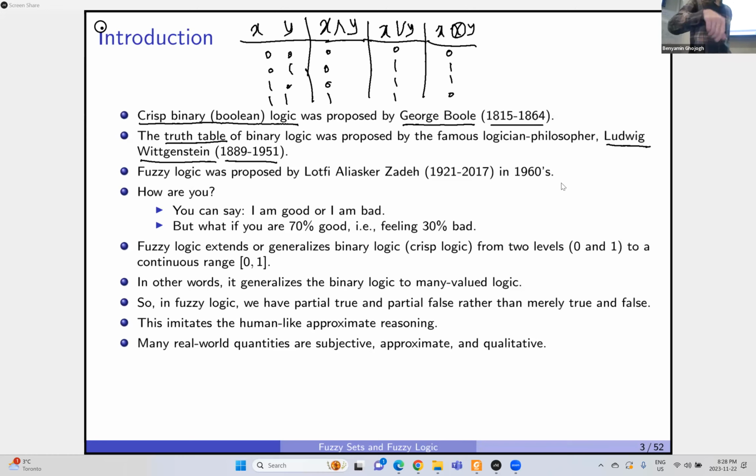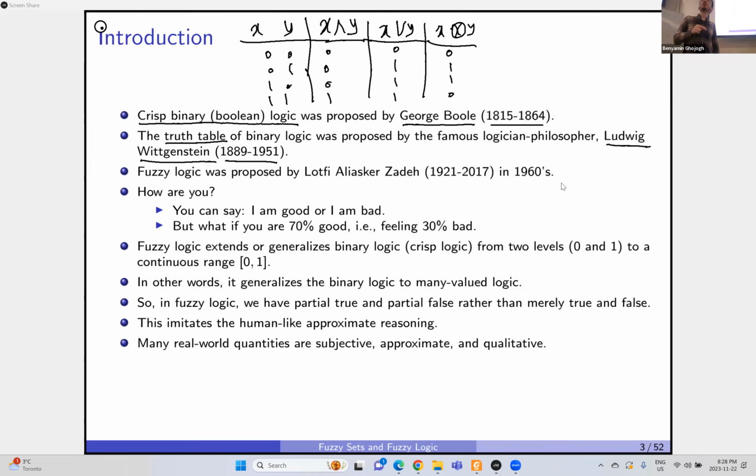Who approved him to be a professor there in the UK? Bertrand Russell. You know Russell? Russell is very famous. Just Google him. Bertrand Russell and Gottlob Frege. These two people approved him to be a professor of philosophy there. And he proposed the truth table.